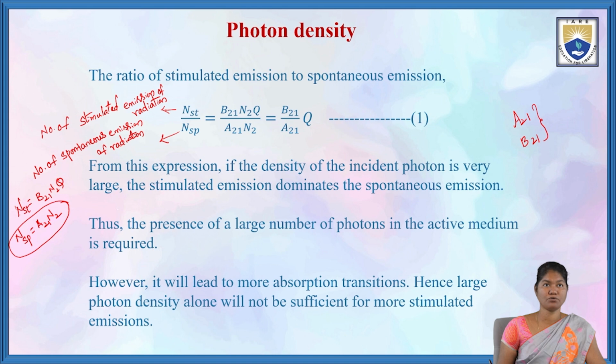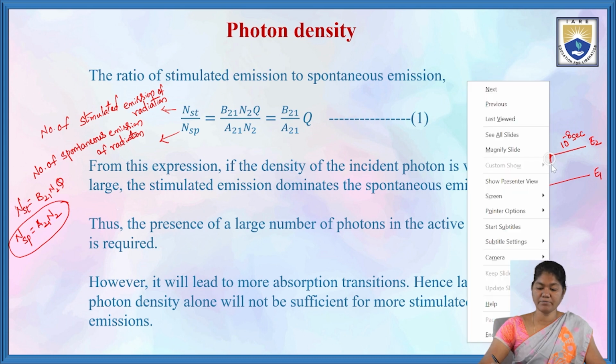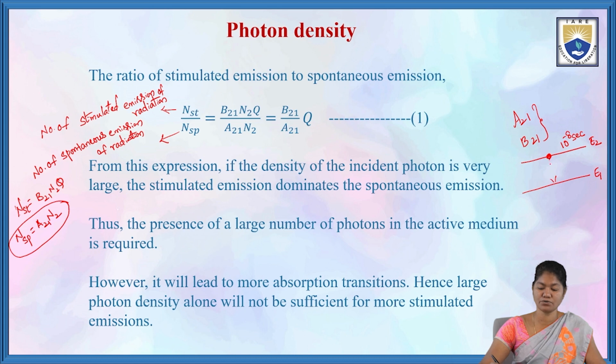That's why A21 N2. When we see the spontaneous emission, the atom is at the excited state. In this spontaneous emission of radiation, after the lifetime of an atom, that is completion of 10 power minus 8 seconds, the atom itself transits to lower energy state.